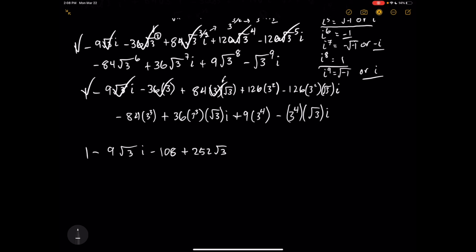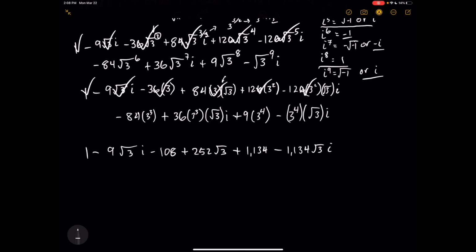Then I have 126 times 3 squared, so 126 times 9, plus 1,134. There we go. Minus 126 times 9. So minus 1,134 root 3 i.